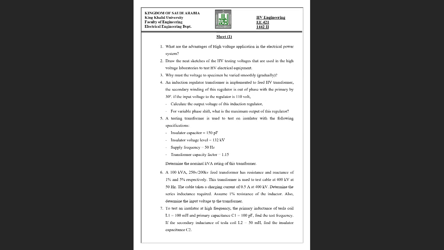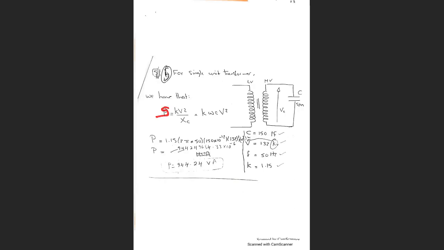So here, if you see the solution for the fifth one, it is a simple one. The nominal kVA rating is calculated as K multiplied by omega C V squared. Here the value of the constant K is given as 1.15.